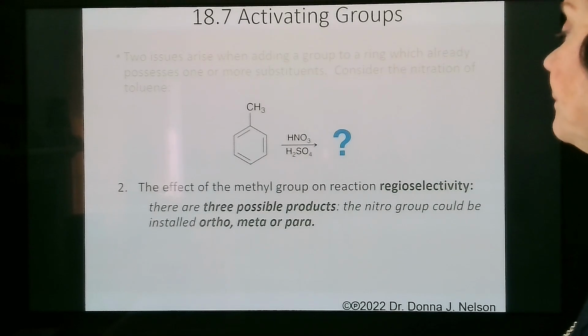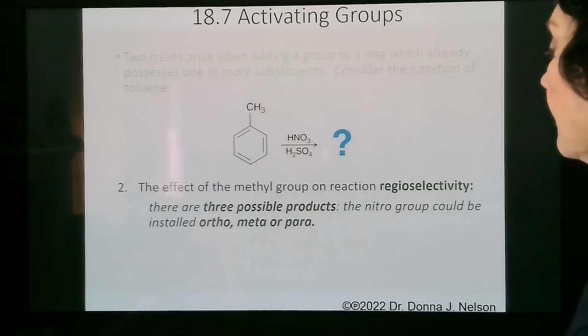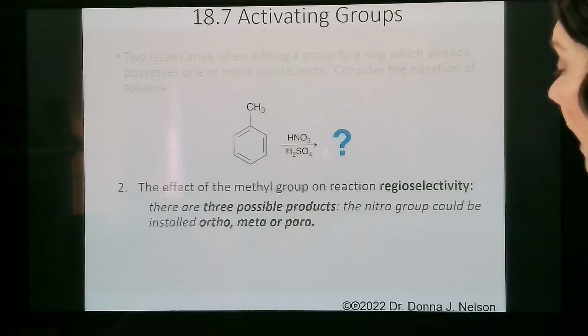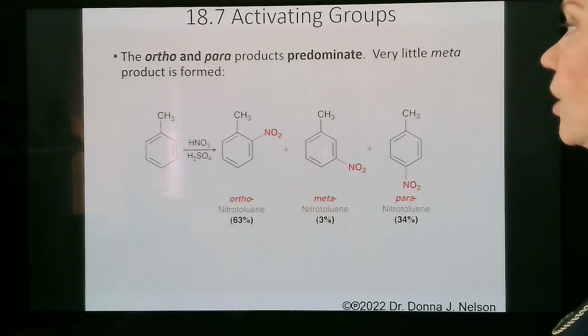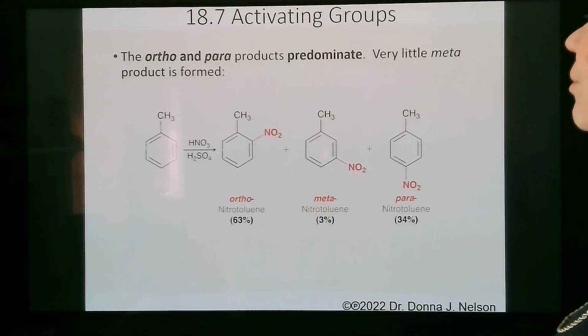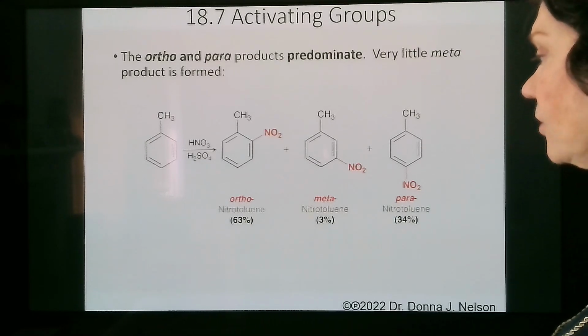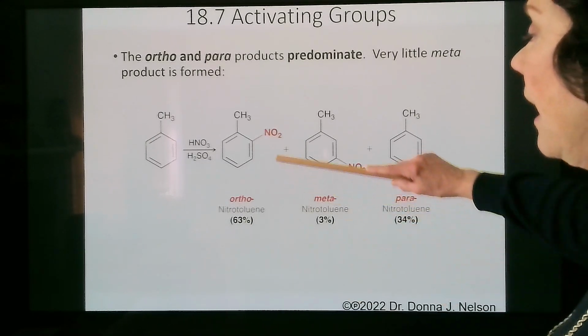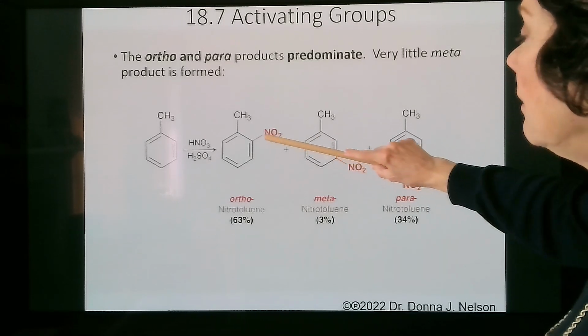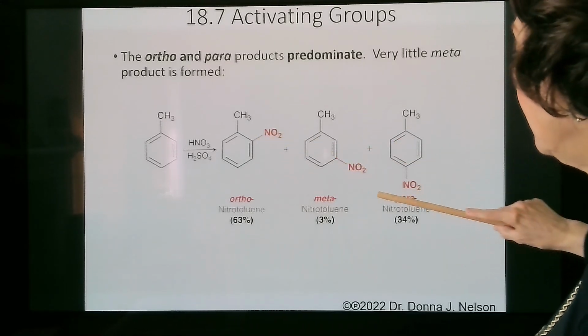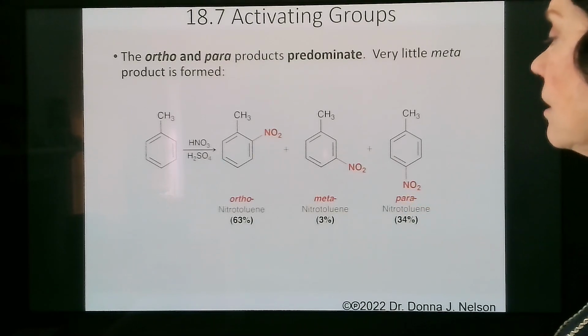So what is observed when that reaction takes place is that nitro does indeed give ortho, meta, and para products.